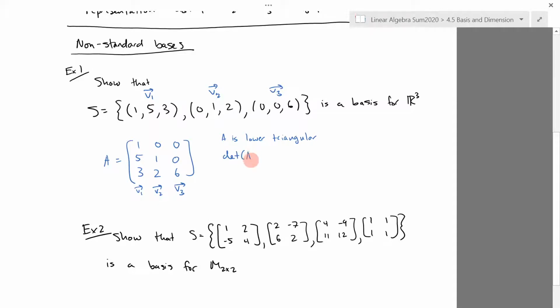The determinant of A is just 1 times 1 times 6, which is equal to 6, which is not 0. Right, so that means that A is invertible, and so S is a basis for R3.